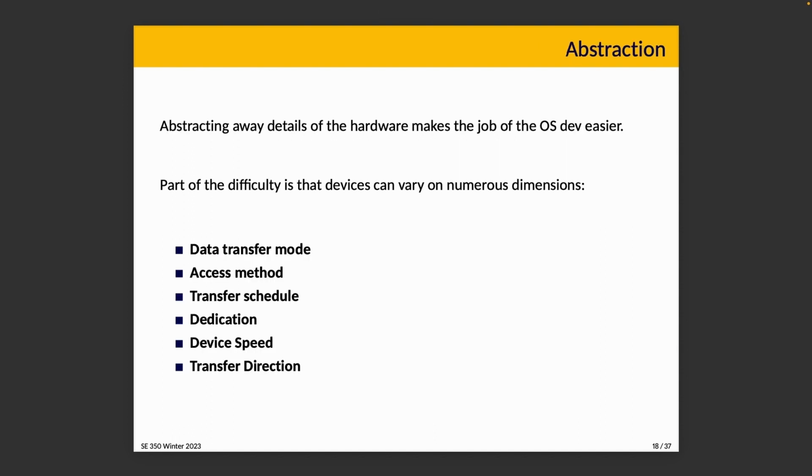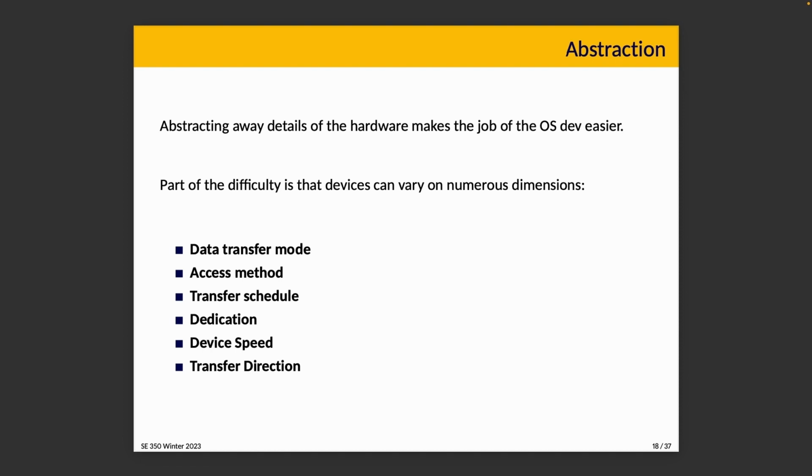Part of the difficulty is that devices can vary on numerous dimensions, right? It is not always so easy to just classify a particular device because, well, they have different properties, so to speak. And here are a few of the dimensions on which particular devices could vary from one another, just to give you a flavor of how much of a headache this can be.